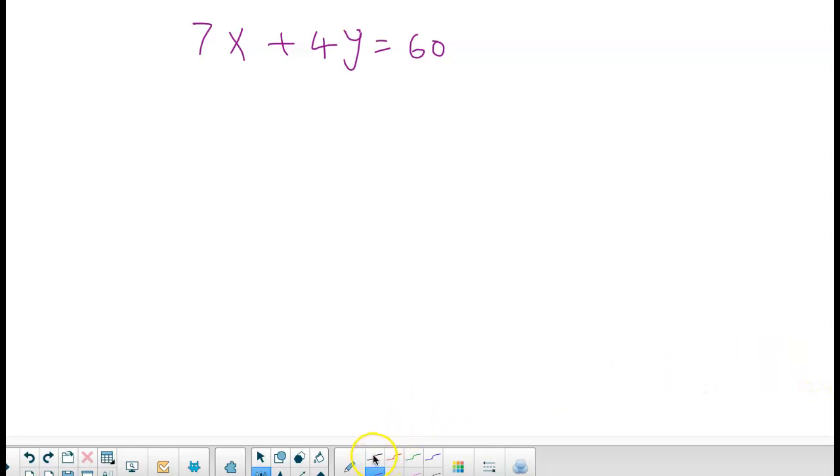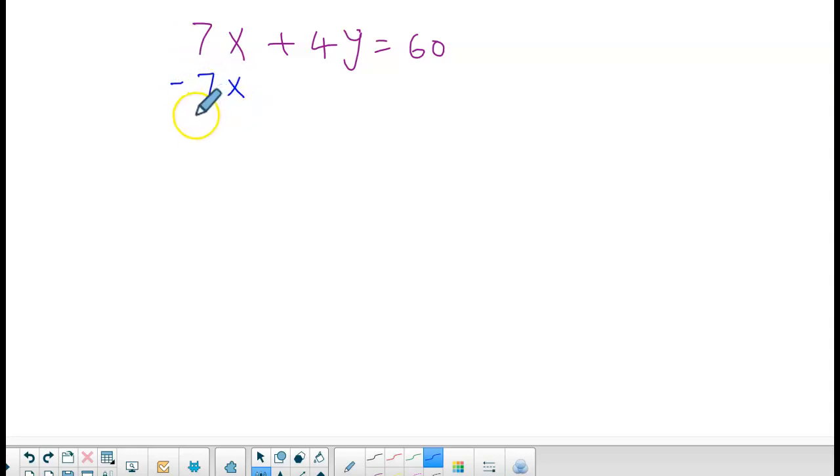So in my first step, I have to have this y on the left hand side. So cancel 7x from the left hand side and send it to the right hand side. How do you do that? Inverse operation. The opposite of positive 7x is negative 7x.